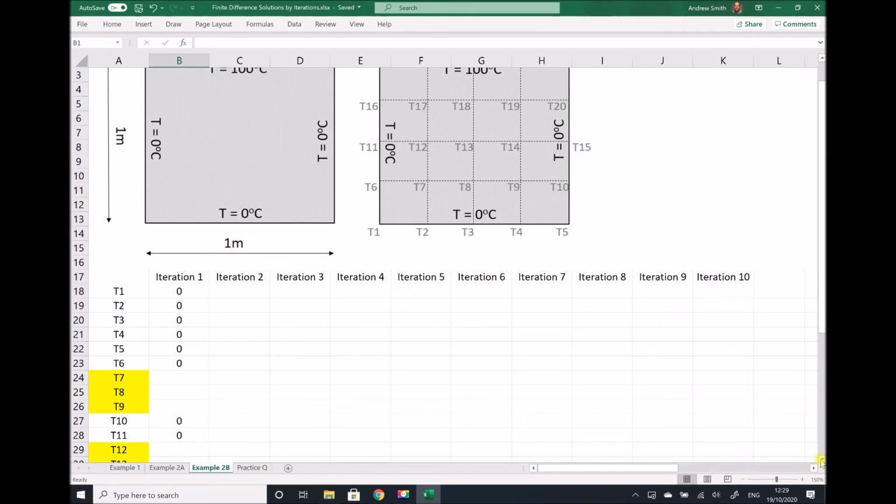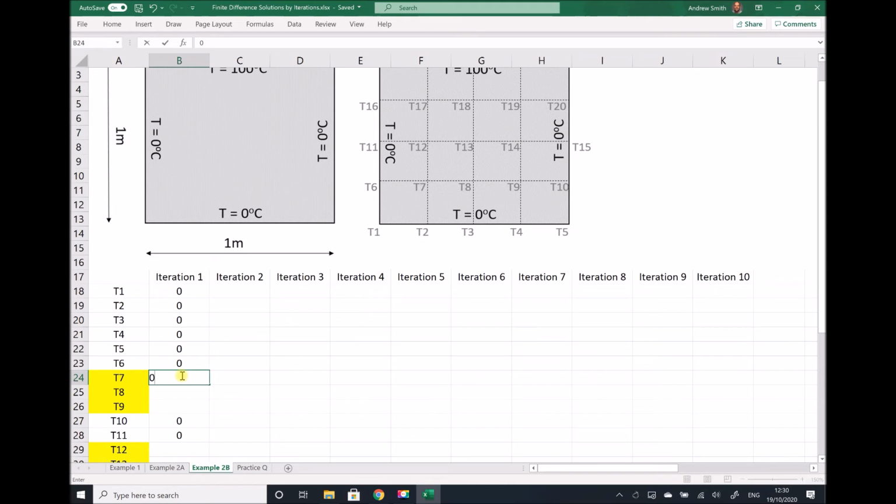So I'm going to assign initial values to our central nodes: T7, 8, 9, 12, 13, 14, 17, 18, 19. Now because all of those nodes are relatively close to a 0 degrees C boundary, I'm going to start by assigning them a temperature of 0 degrees C. I know they're not going to be 0 degrees C because they also have proximity to the 100 degrees C boundary, but this is an ideal starting point, and when we conduct our iterations we'll get closer and closer to the true solution.